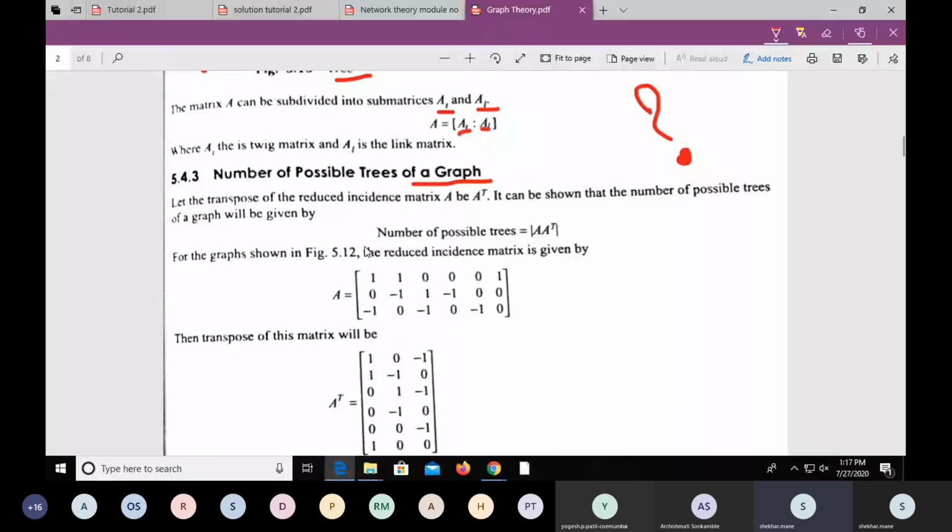Let the transpose of the reduced incidence matrix A be A raised to T. It can be shown that the number of possible trees of a graph is given by this formula, A into A raised to T.